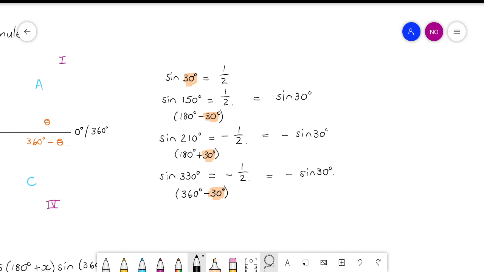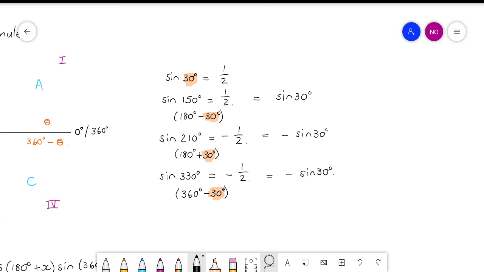So what we are going to do is write each one of those functions in terms of just x. We're going to throw away the 180 plus or minus. We're going to throw away the 360 minus. And we're going to be left with just a function in terms of an acute angle.